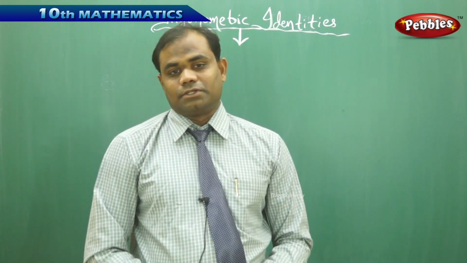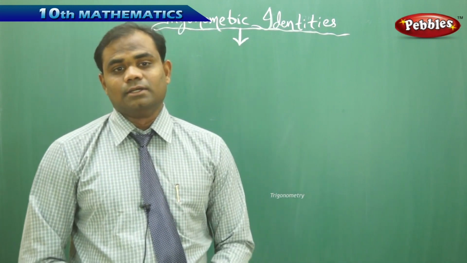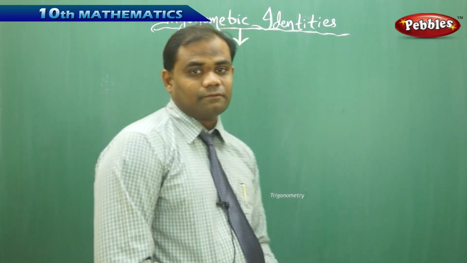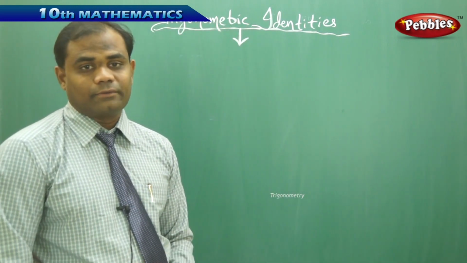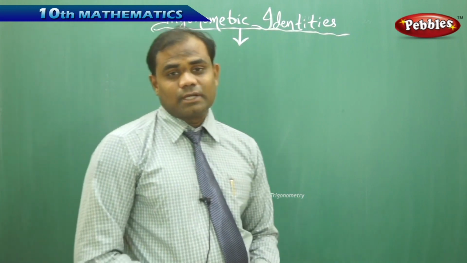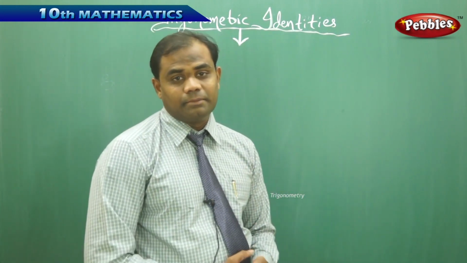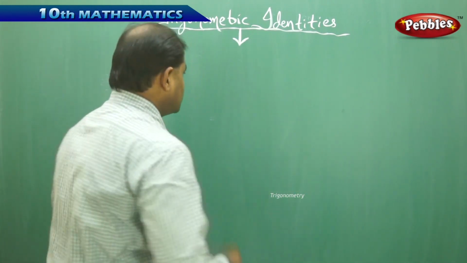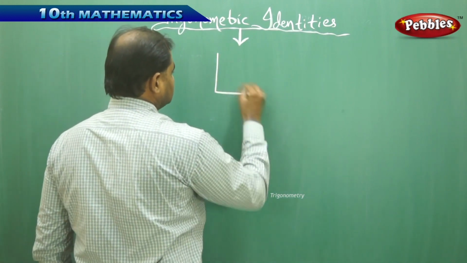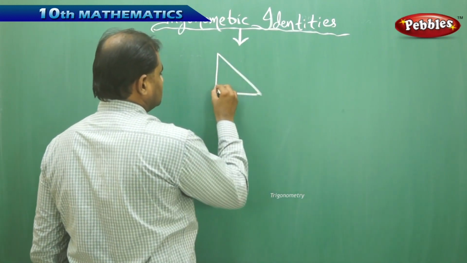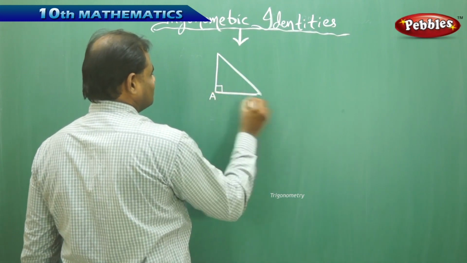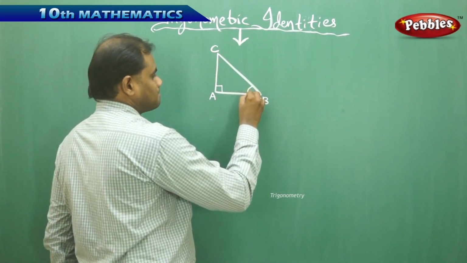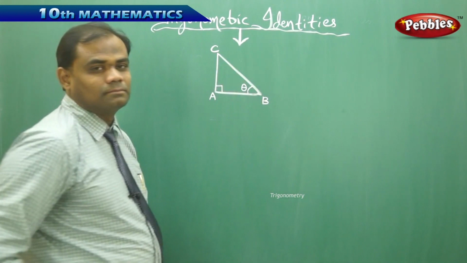One of the trigonometric identities which we are going to prove here, so let's see what is the first trigonometric identity which we are going to derive out of the trigonometric ratios. Initially, I'll consider a right angled triangle ABC to start with. So let's take a right angled triangle A, B, and C, and this is theta.